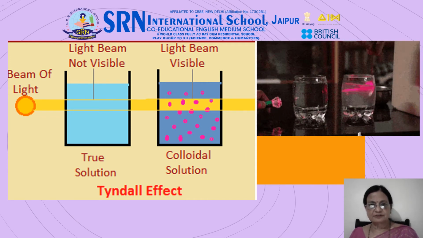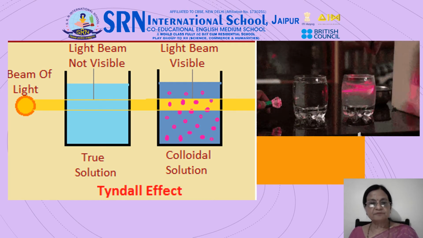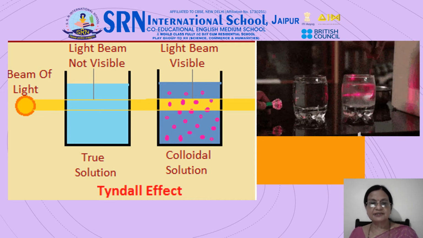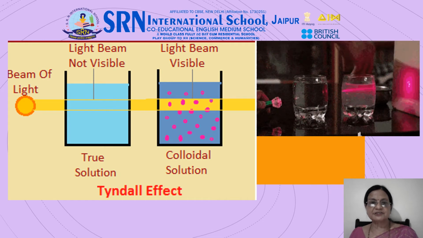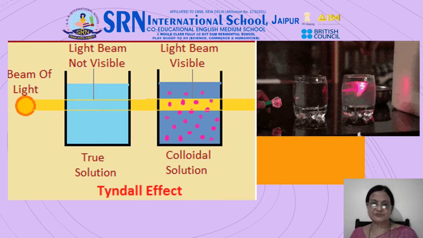This effect was first observed by Faraday and later studied in detail by Tyndall and is termed the Tyndall effect. The bright illuminated light is called the Tyndall cone. The Tyndall effect is due to the fact that the colloidal particles scatter light in all directions in space. And this scattering of light by the colloidal particles illuminates the path of the beam of light in the colloidal solution.